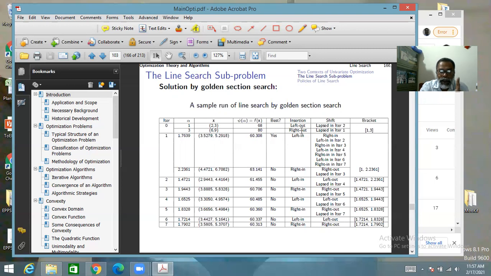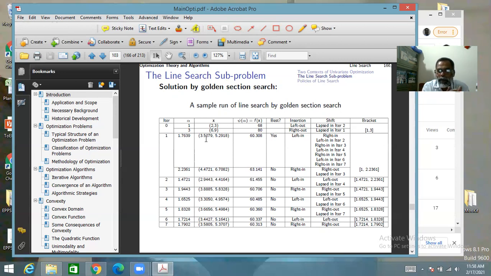And at golden section points, we will work out two interior points, left in and right in. And at present, the bracket is 1, 3.